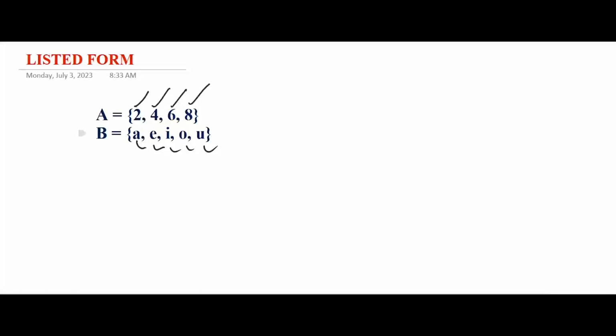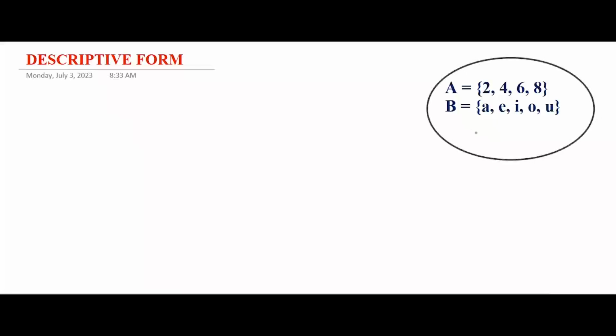Another way is the descriptive form. On the previous page, you saw this. This is a listed form. In descriptive form, you can write it as set A, then you make use of your curly brackets, then it's going to be set of even numbers less than 10.